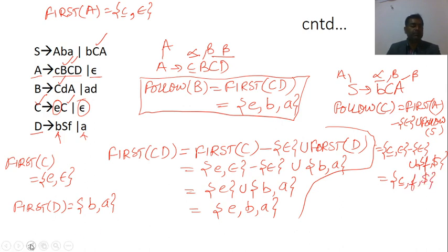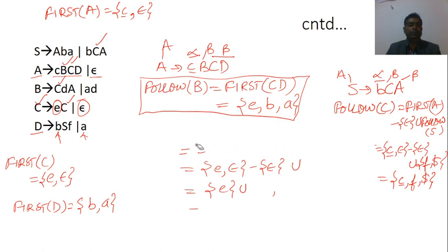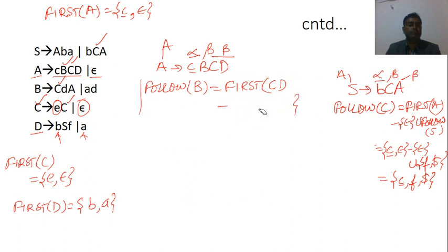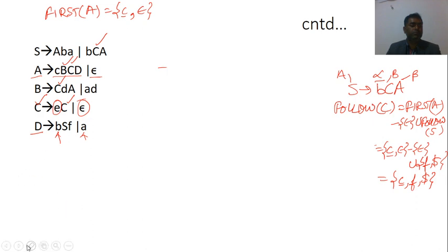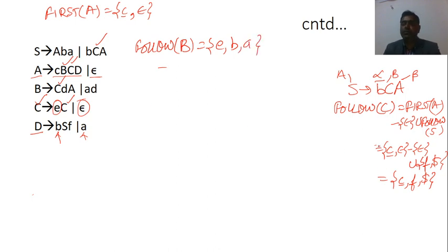Now consider the next production. You know that we have already calculated follow of B equal to E B A. Now consider the next production, which contains C. That is A derives to CBCD.